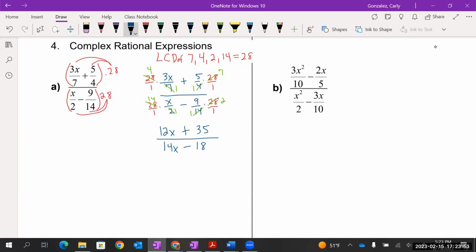Since 12 and 35 don't have anything in common, we can't factor anything out there, so nothing could cancel with the bottom. And notice here, the 12, the 14, and the 18 can all be reduced by 2. However, since 35 cannot be reduced by 2, this expression is simplified. So our final answer is 12x plus 35, all divided by 14x minus 18.